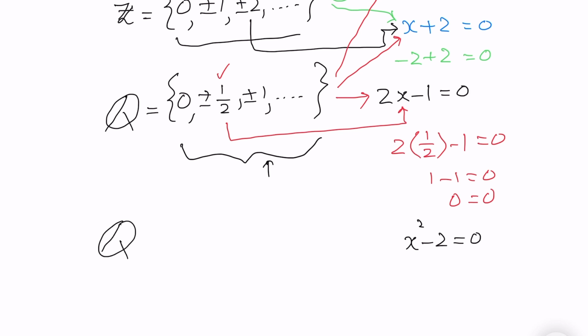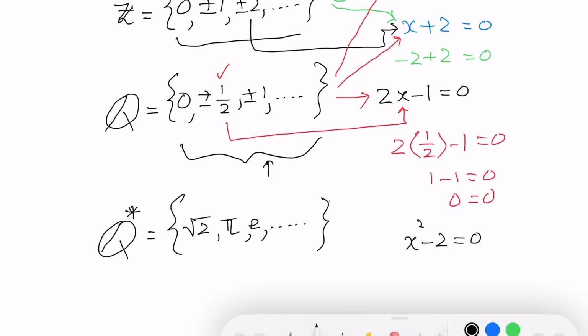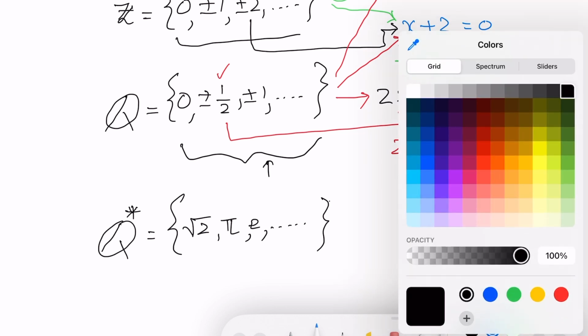So we got a new collection of numbers which has all the non-fractions, pi, e, and so on. So we figure out that actually there is a number. Let's find a different color.